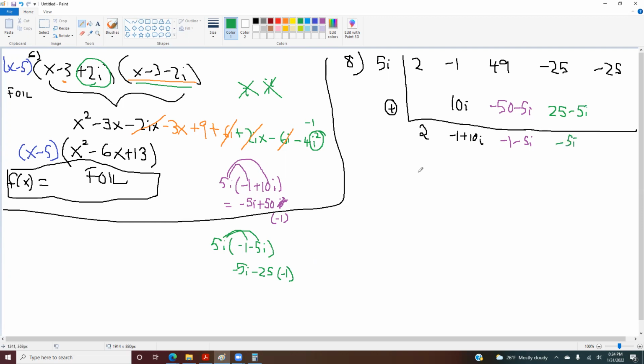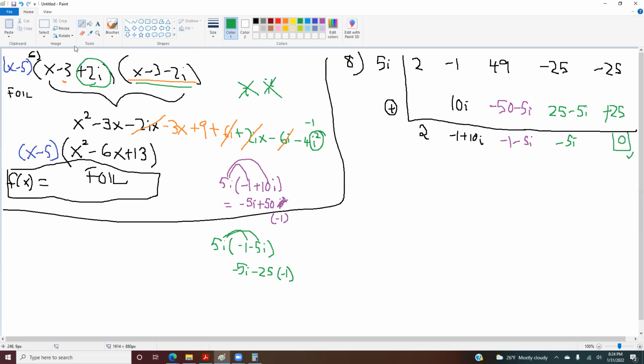So you get -5i, and then you do the last thing here. So 5 times -5 is -25. i times i will give us i squared. But as you know, i squared is a -1, so that will change it to become positive. So negative becomes positive. And when you add this, you get a remainder of 0.